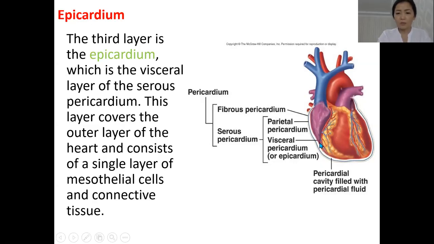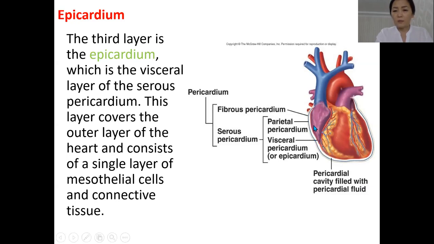Morphologically, the epicardium consists of mesothelium and connective tissue. What is mesothelium? Like endothelium, mesothelium is also simple squamous epithelium, because if you remember, we said that simple squamous epithelium in our body is of two types, endothelium and mesothelium.